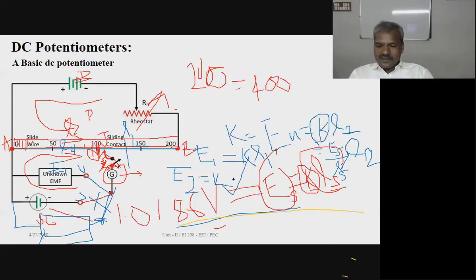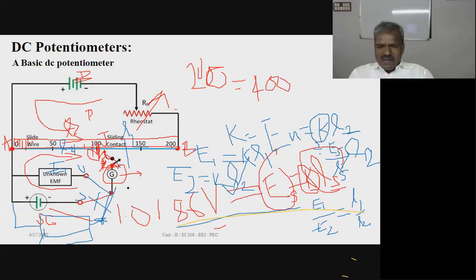So if you divide E1 by E2, E1 by E2 equals L1 by L2. L1 and L2 are known, and can be measured from the scale mounted over the slide wire potentiometer.